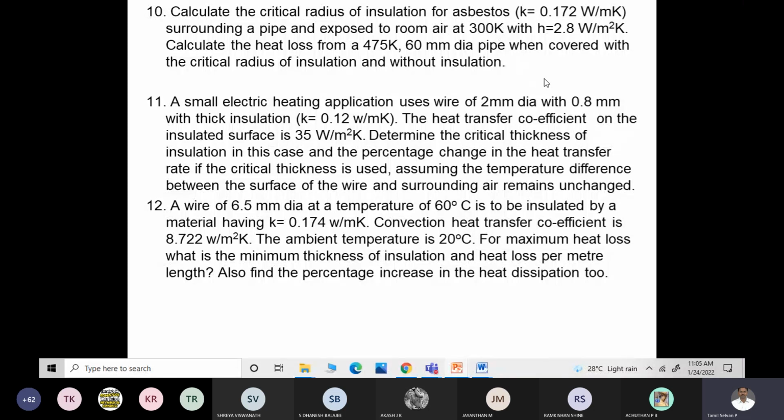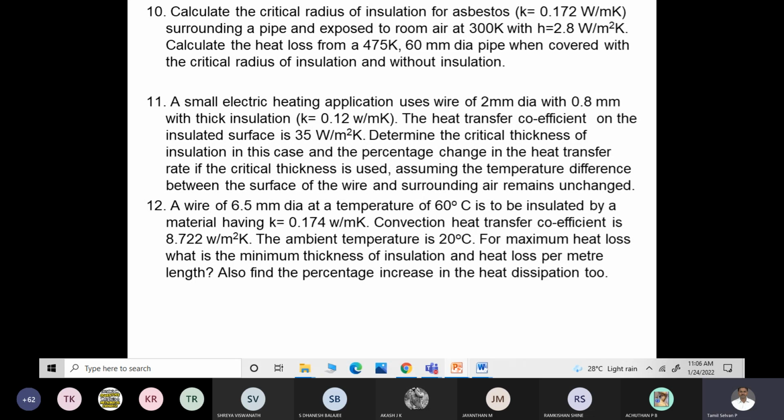So Ta minus Tb, 475 minus 300, and you can find out with the same procedure, like problem number 12, you have to solve problem number 10. Is it fine? Fine, sir.